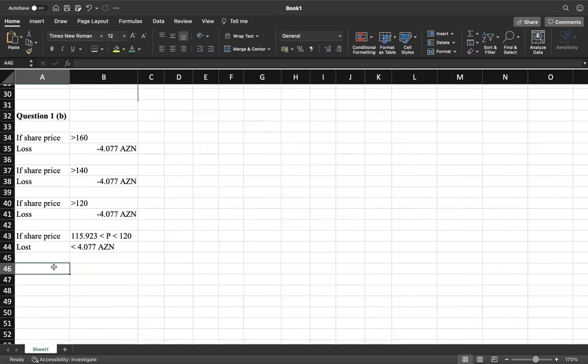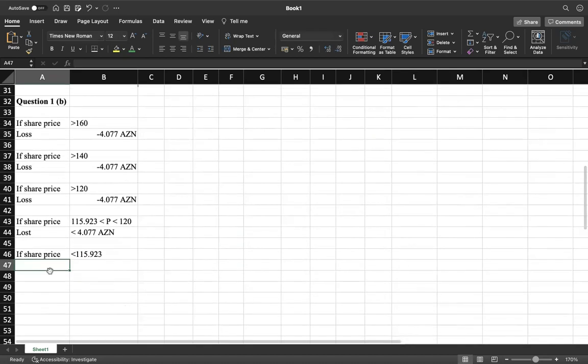So if share price is less than 115.923, we will be making profit, greater than 0.